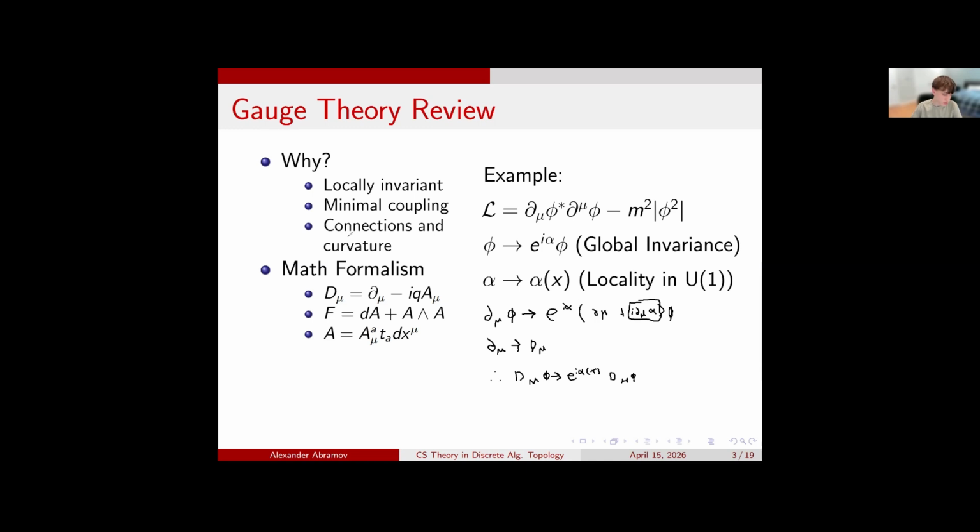Additionally, one reason why we use gauge theory is for connections and curvature. So if we have our one form gauge field A, our curvature can be written like this, right? So we have our differential term plus our wedge product. This term specifically is gauge covariant, where the connection A is gauge invariant.